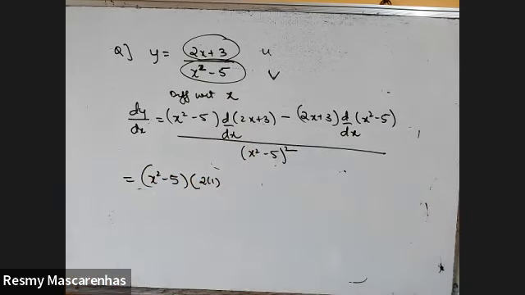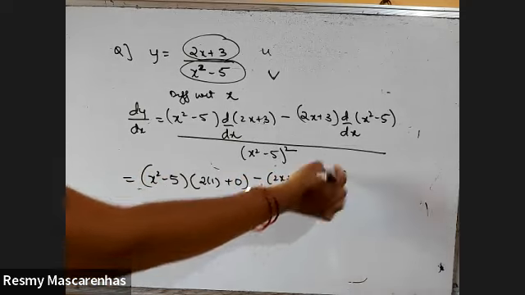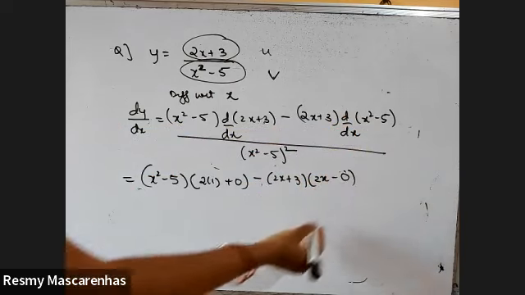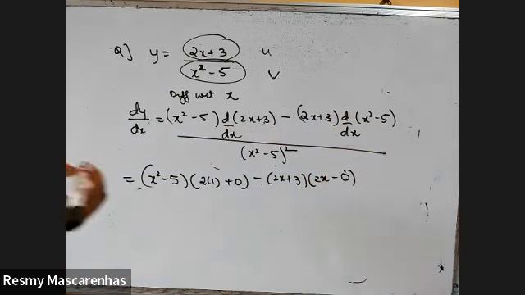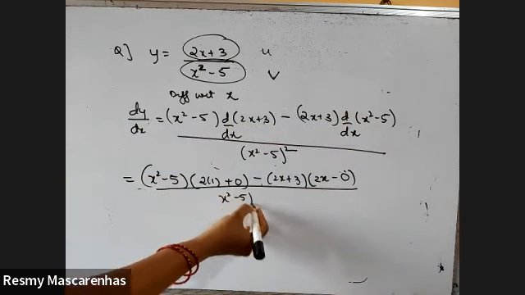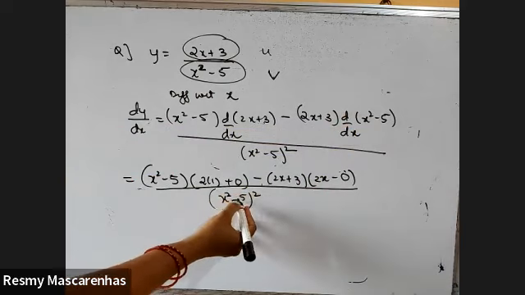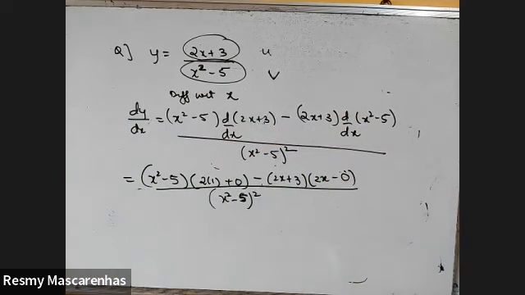The derivative of x is 1, the derivative of 3 is 0. Minus, the derivative of this is 2x, the derivative of 5 is 0. Just open up the bracket.